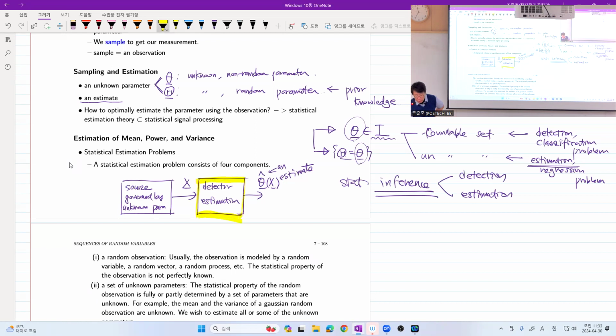In AI and artificial intelligence, much focus is on how to build this detector or estimator by using so-called training. But in statistical signal processing, in most of the cases, we derive mathematically what would be the best estimator or detector based on our mathematical model of this X, parameterized by unknown theta. That's the difference.